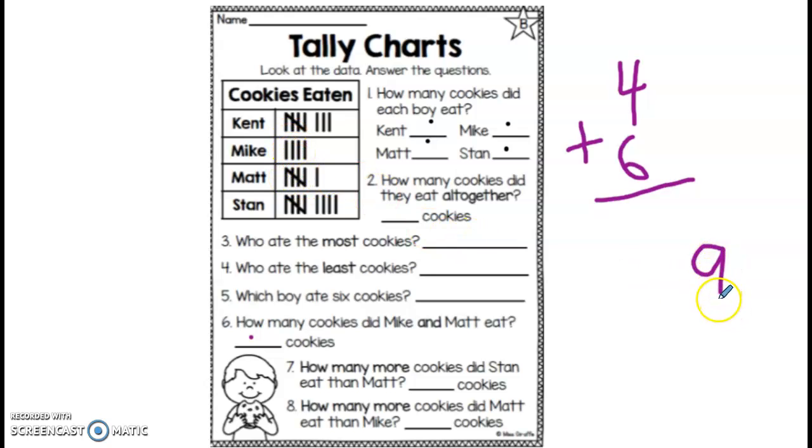So I'm going to remember the bigger number and take away the smaller number, 9 minus 6. We're going to put that answer right there. And then the last one says, how many more cookies did Matt eat than Mike? So now you're going to compare Matt to Mike. So you're going to take the bigger number, take away the smaller number, and write it right here on the line.